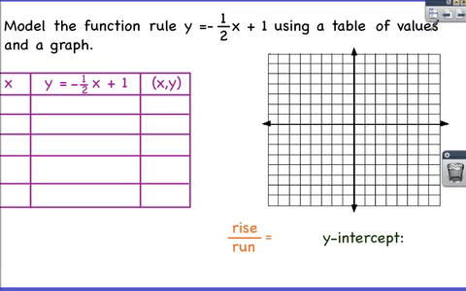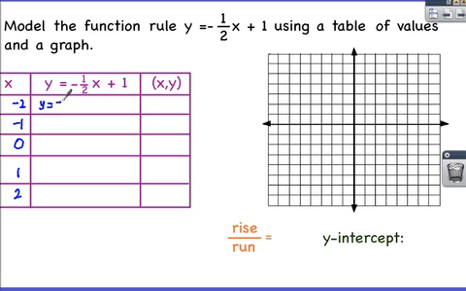Model the function rule y equals negative 1/2 x plus 1 using a table of values and a graph. Once again, we can use the input values negative 2, negative 1, 0, 1, and 2. And then we can go ahead and substitute those x values into our equation.